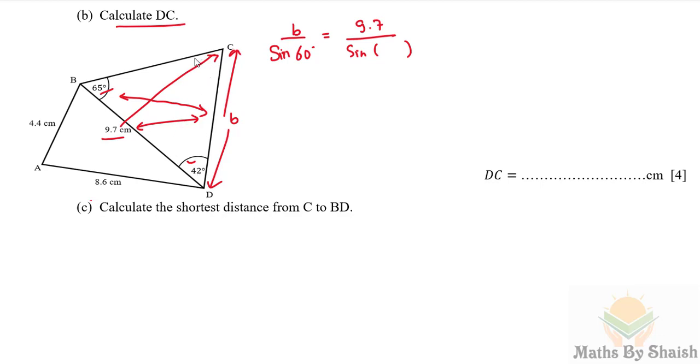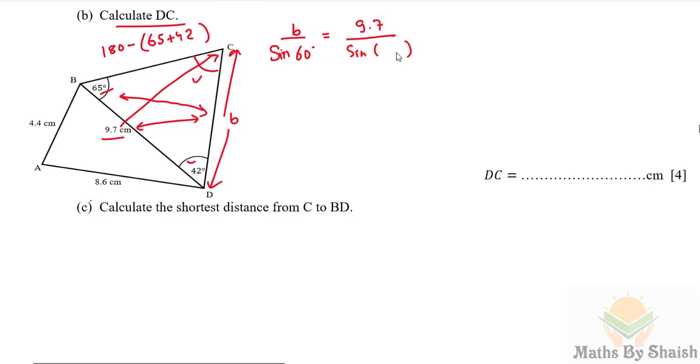So by angle sum property of a triangle, we'll find this angle, and that is going to be 180 minus the sum of these two angles, that is 65 plus 42.